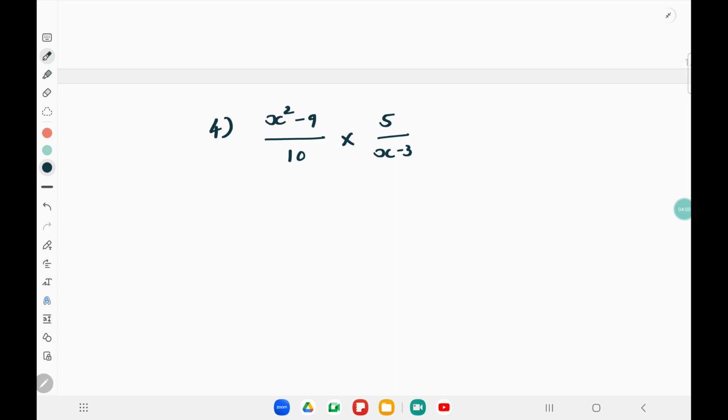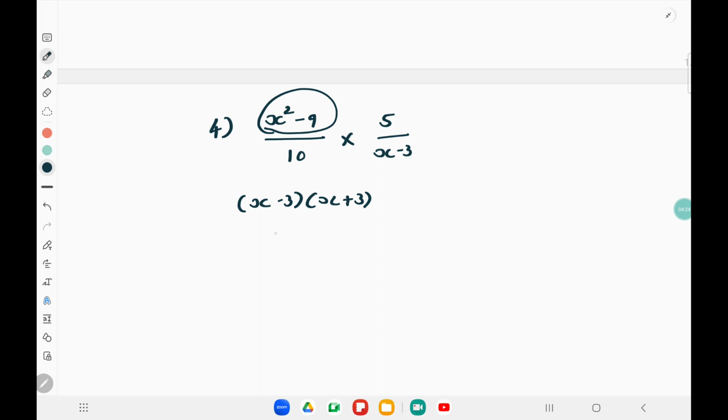Here, as we learned the difference of two squares factorization, when you see this x squared minus 9, immediately think: x squared and 9 are both square numbers, and between them is a minus sign, so we can factorize. Let's factorize, because we want to check if there is anything common to cancel down.